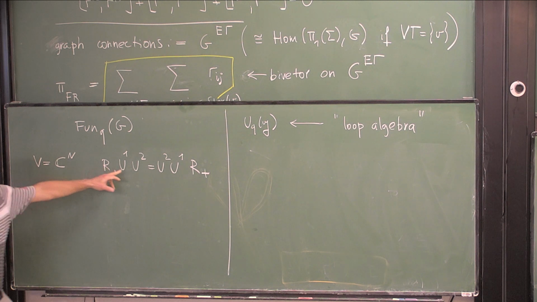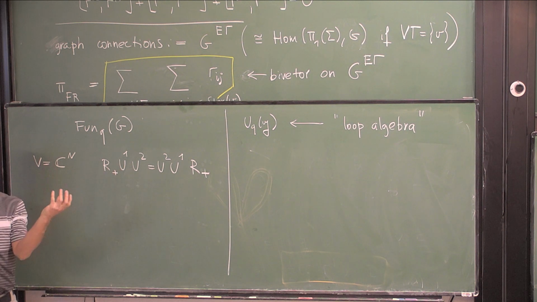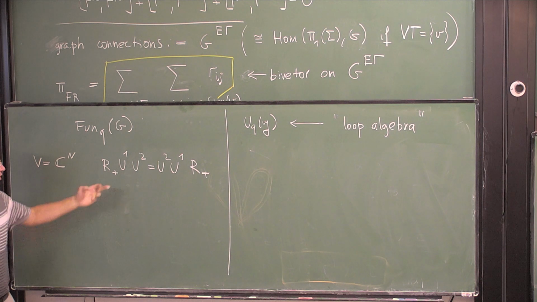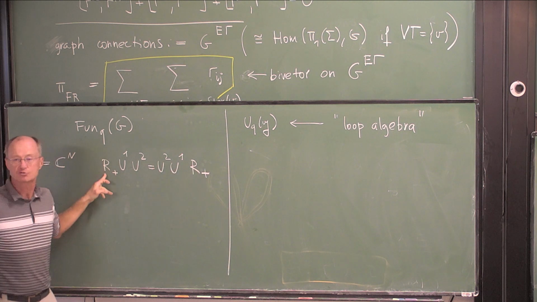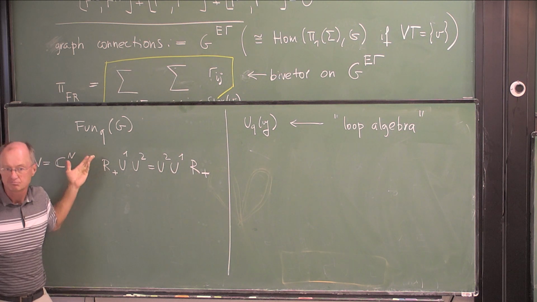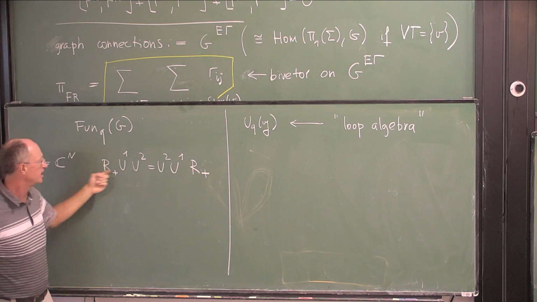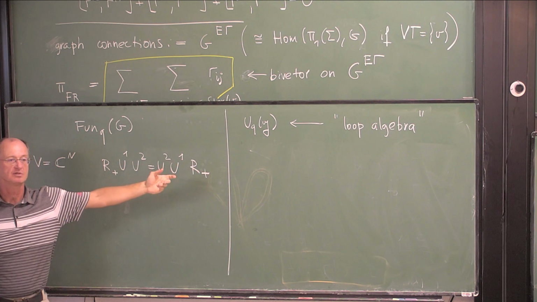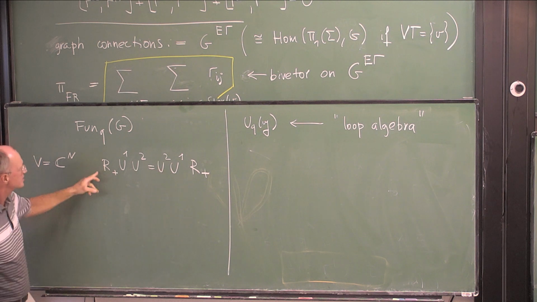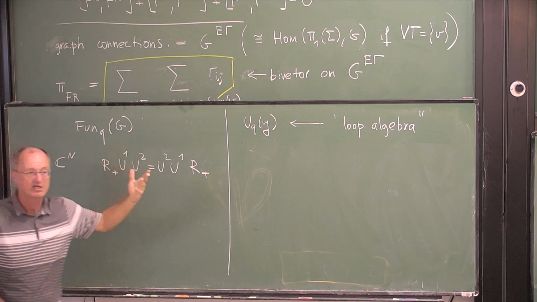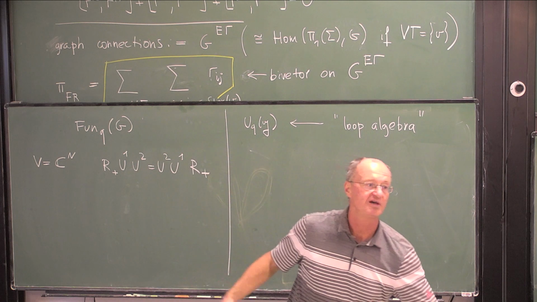You see, recall that U are matrices, and their matrix elements are generators of our algebra. And this is a set of quadratic relations. So a priori, I have generators and I have relations, so it defines an algebra. Of course, to understand what those relations are, it takes a lot of effort.